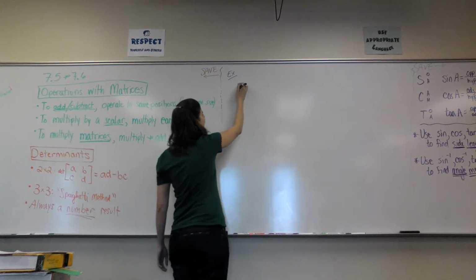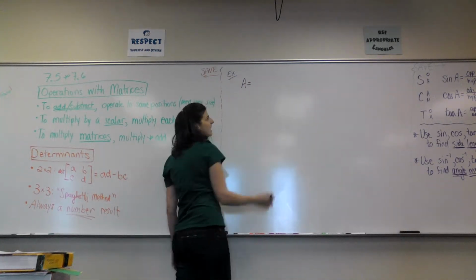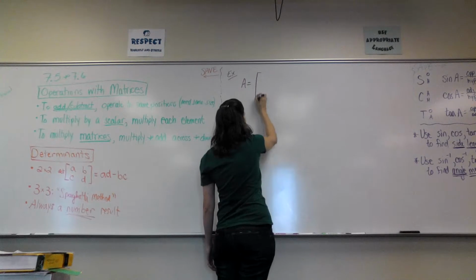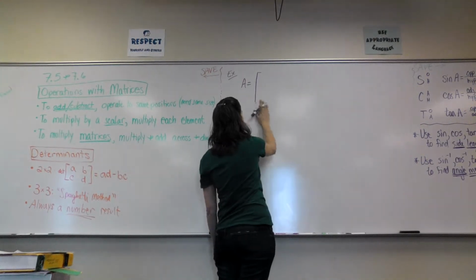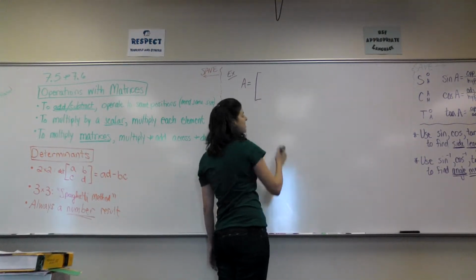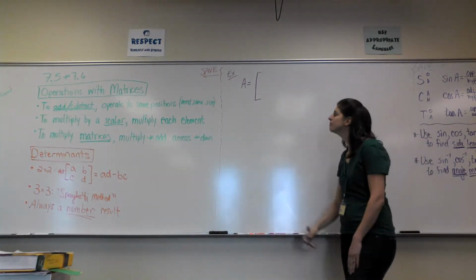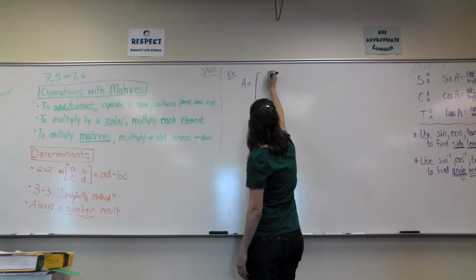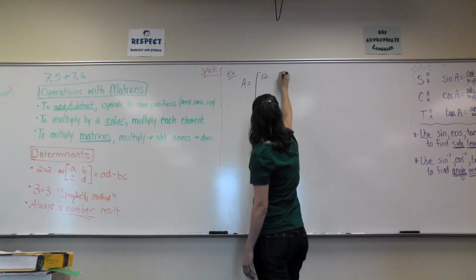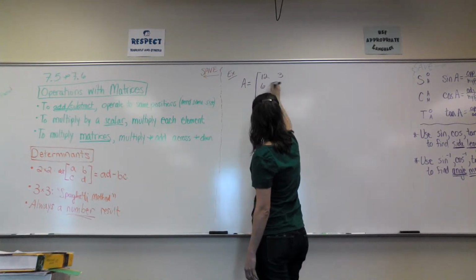So let's say that I have matrix A. Let's go with 3 by 3 this time. No, let's go with 2 by 2 because it'll be easier and faster. Give me some numbers. 12, 3, 6, 10, 1, negative 11.